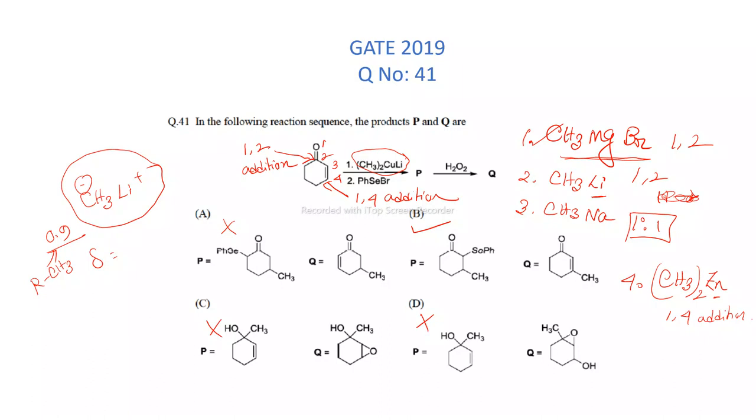Just tell me, will it be greater than 0.9 or less than 0.9 in 1H NMR delta value?